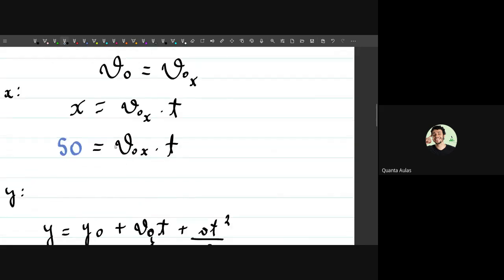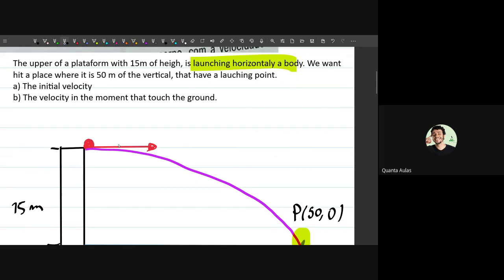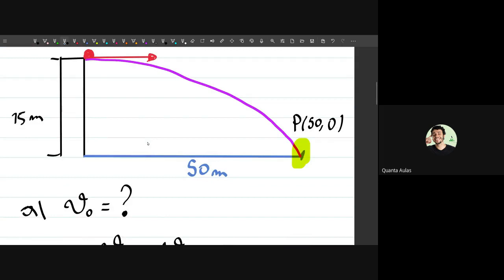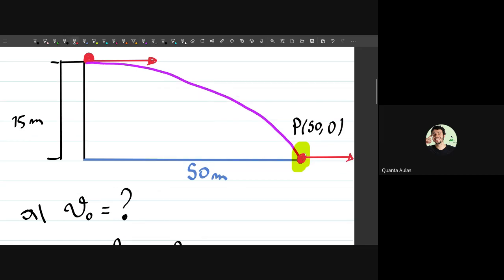Amazing, easy, very interesting. So now we have a more interesting question: the velocity at the moment it touches the ground. Okay. Let's remember some things I told you a lot of times. The velocity in x never changes. So the velocity here in x is the same, the same v0x.